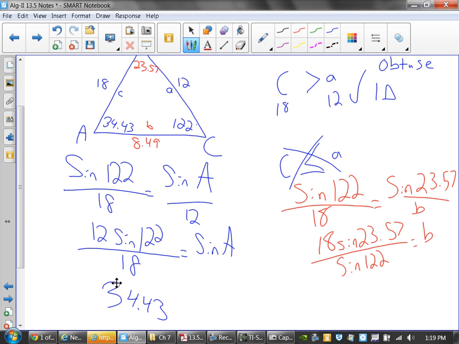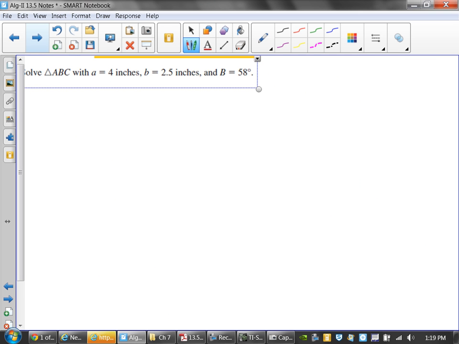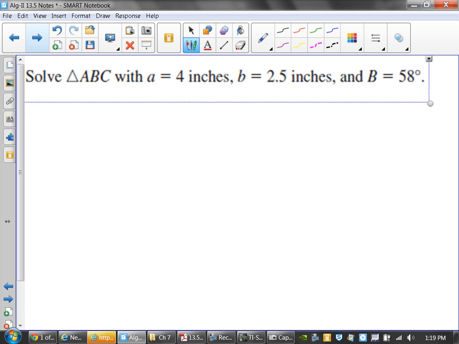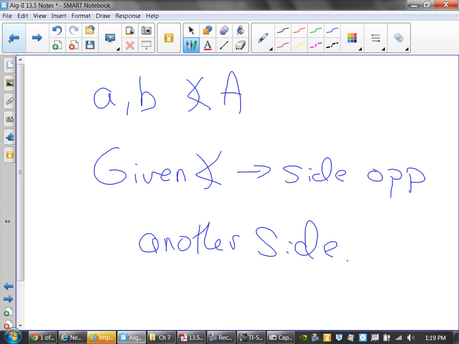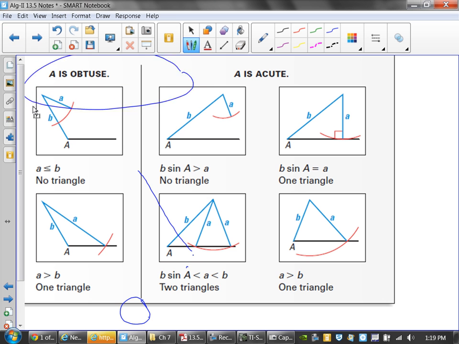All right, again, let's take a look at how this works. Now, this is going into the possibility of not having a triangle. Make sure you guys got all that written up. If the given angle from the law of sines happens to be acute, which means it's less than 90, there are 4 different things that can occur.